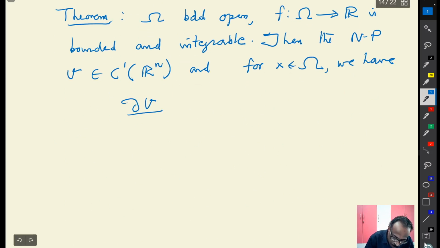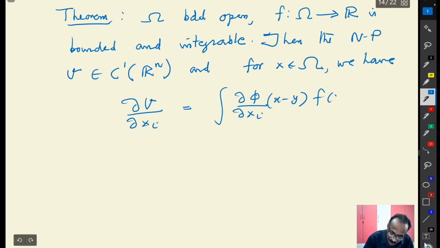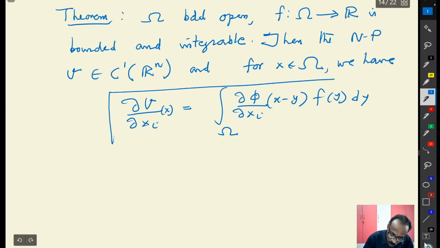This is what is to be proved, and this is what we expect because of the local integrability. This is omega, so this is our x.